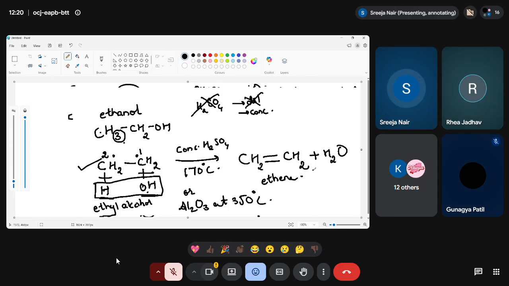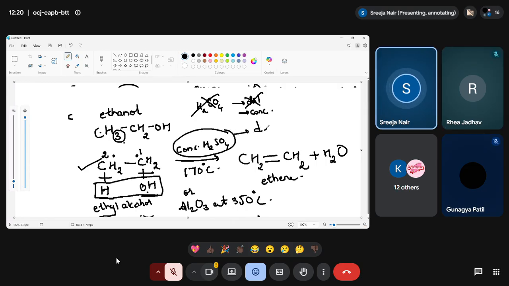Ma'am, I had a doubt. Could you explain again why we took concentrated H2SO4 instead of dilute? Here, concentrated H2SO4 is a dehydrating agent. Your dilute H2SO4 will not have the ability to remove water from your ethanol.